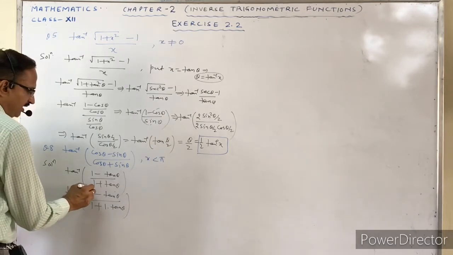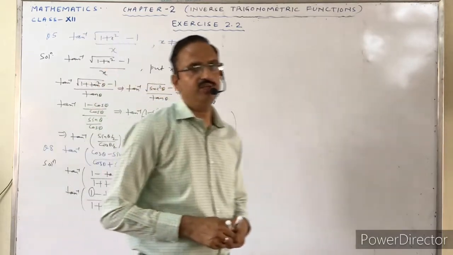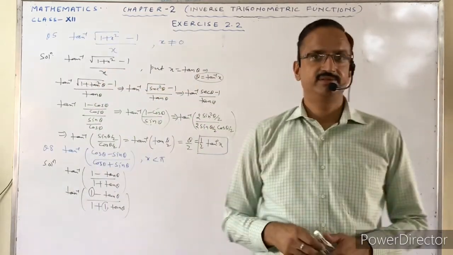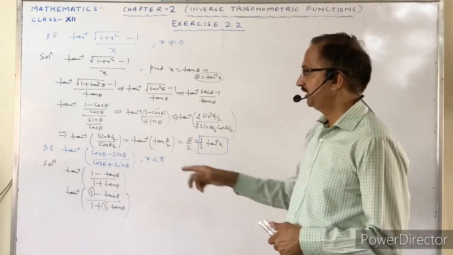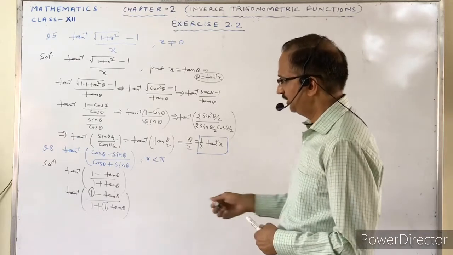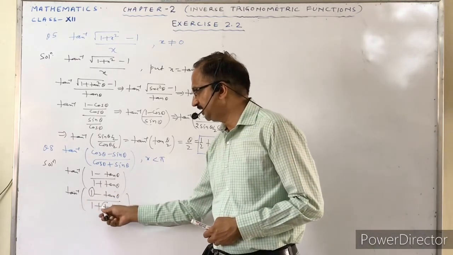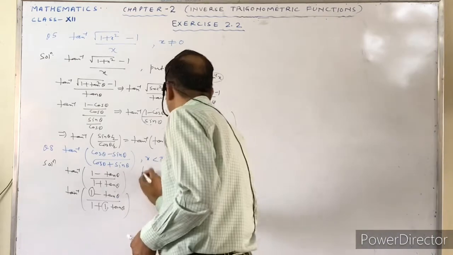Now in place of this 1, we can write the value in the form of tan, that is tan pi by 4. Then only this will be converted in the form of tan. So in place of these two ones, we can write tan pi by 4.